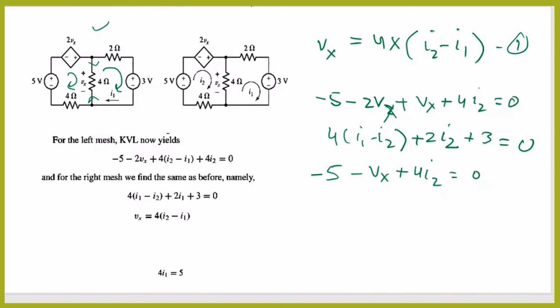Vx is equal to 4 into (I2 minus I1). So minus 5 minus 4 into (I2 minus I1) plus 4I2 is equal to 0. Minus 5, minus, how much will it be?